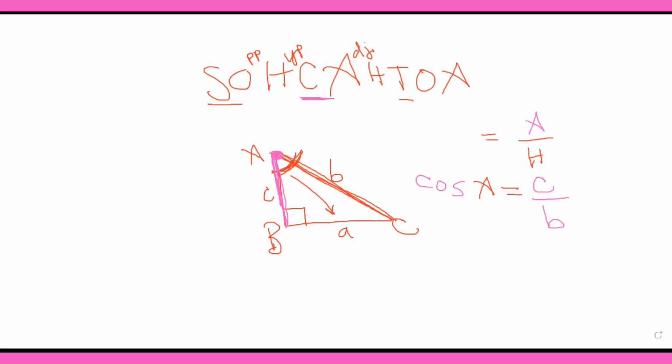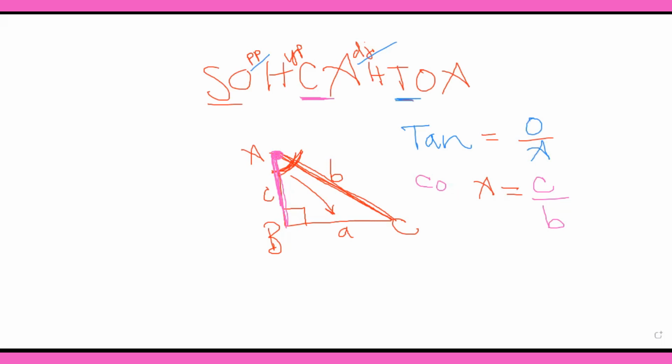And then the last one we'll do is tangent. So T stands for tangent. Tangent is OA. We already talked about the O and the A. So that is opposite over adjacent. Opposite over adjacent.